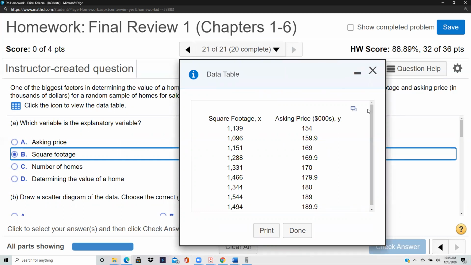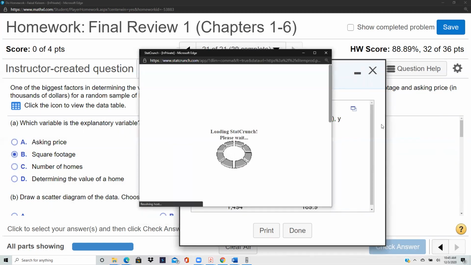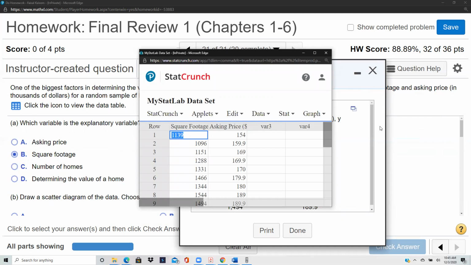And how do we do the scatter plot? I guess we would open the data in StatCrunch. So let's see. What do we use? Stats.